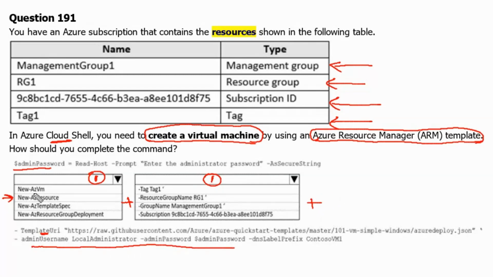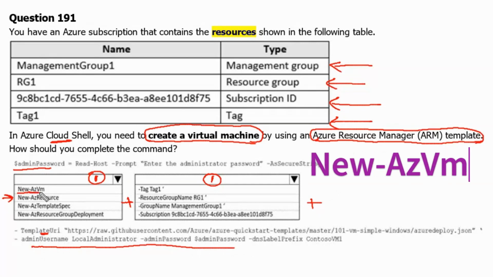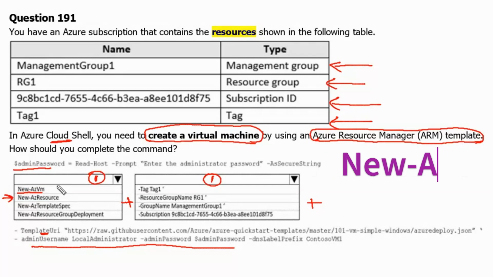The first option given as command is New-AzVM. The New-AzVM cmdlet creates a virtual machine in Azure, and this takes a virtual machine object as input. It doesn't use an Azure Resource Manager template, therefore this should not be the correct answer here.